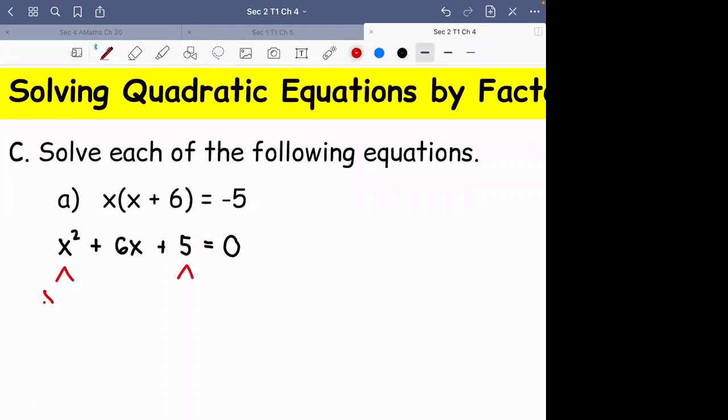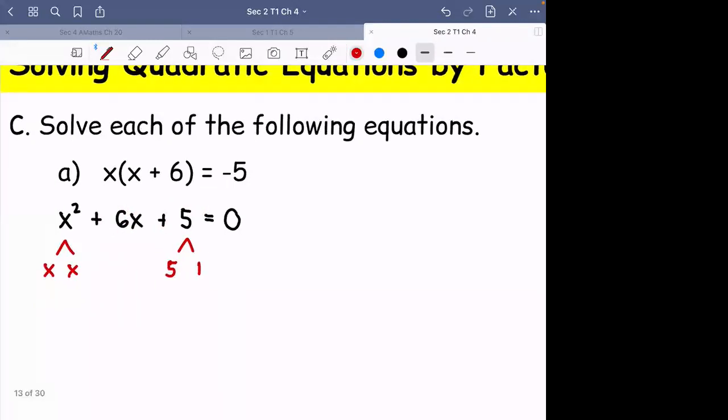So this is x, and then 5 here. What are the factors of 5 whose sum is 6? It's basically 5 times 1, or 1 times 5. So the factors are x plus 5 and x plus 1 equals 0.